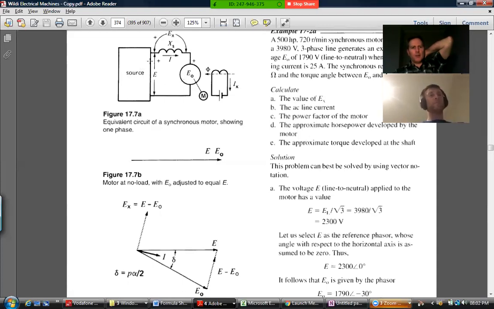If you're visualizing this thing as a sink, which it would be if this was a generator and this was the grid, then you're looking at currents flowing this way with everything else the same, the same polarities. And your phasor diagrams are drawn bearing in mind that you've got current flowing into this grid, in terms of what's a rise and what's a drop. Current's flowing this way, the voltage vector is the other way.